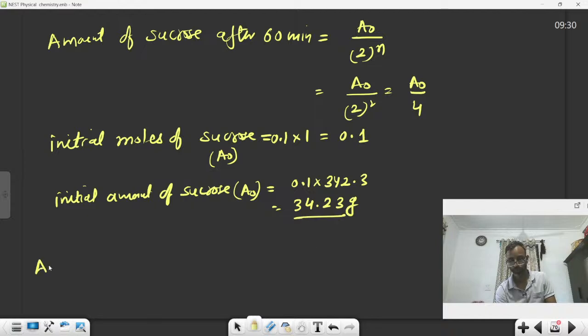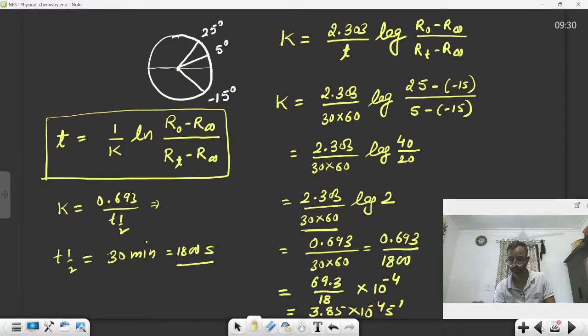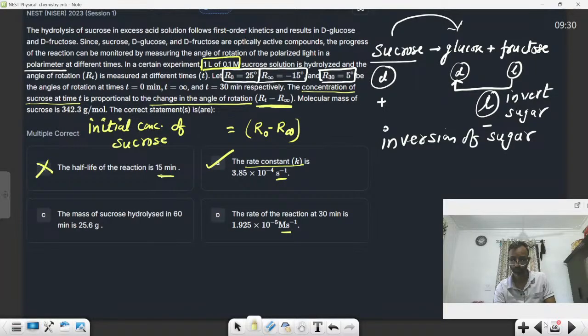So the amount of sucrose after 60 minutes is equal to 34.23 divided by 4. In a certain experiment, 1 liter of 0.1 molar sucrose is hydrolyzed and the angle of rotation is measured.